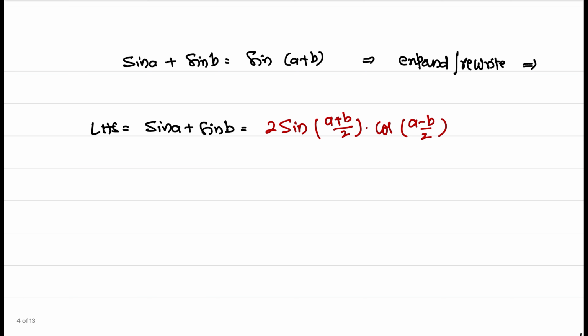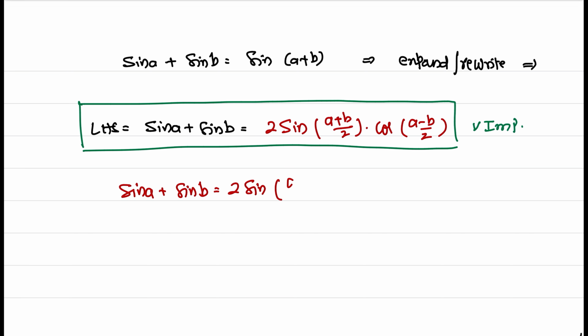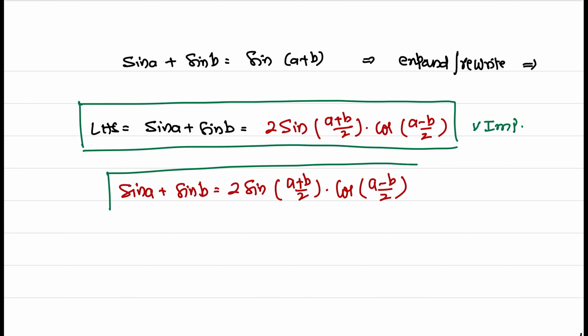This is a very important identity. Please remember this. Why have I written it twice? To impress upon you that it's a very important equation.